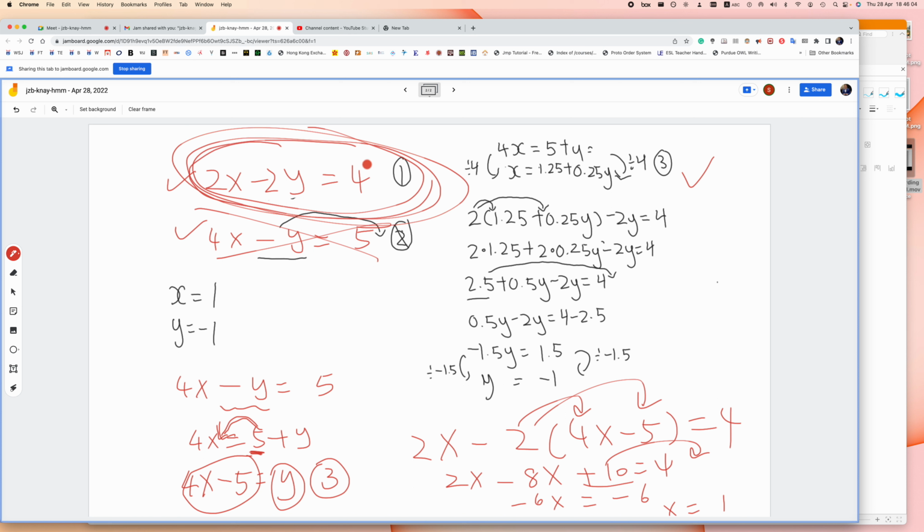You want to convert this? No, don't. It's very complicated if you start with this. That's the reason why you need to be selective. You need to see which one suits you the most, and you always choose that one. Are you clear? So that's how you do this question.